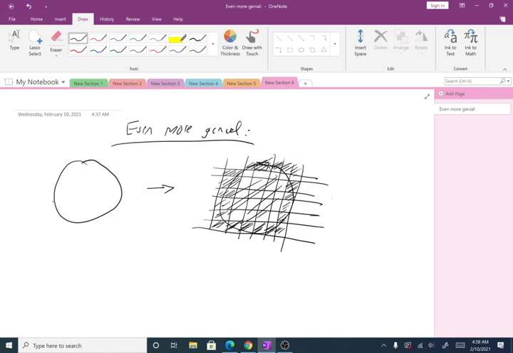And as you refine the grid, this actually approaches the area of that circle.